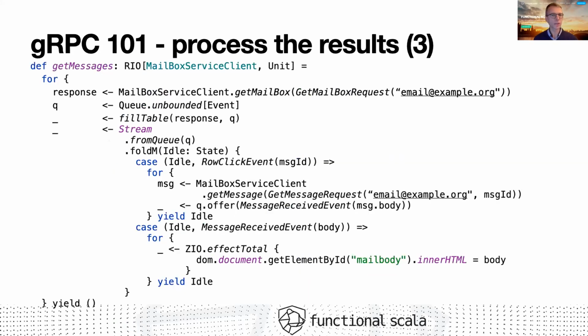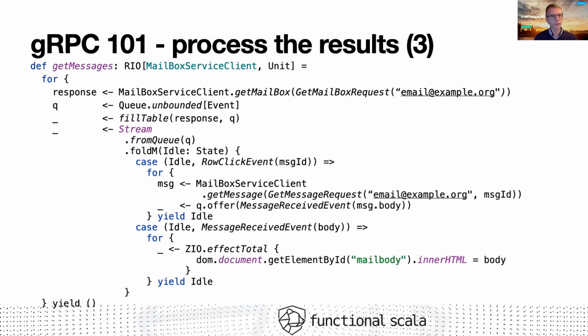Now, putting all of this together, you will see here that I can create a stream from the queue I just defined. And you'll see that when I receive a row-click event, that's when I know I have to go again to the mailbox service client, but now invoking a different service, which will fetch just one individual message with the full content. And at the end of it, I'm offering it to the same queue again with a new event, the message received event, such that we are sure that we don't get problems with interacting with JavaScript and the asynchronous gRPC code.